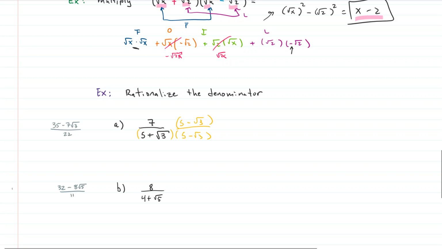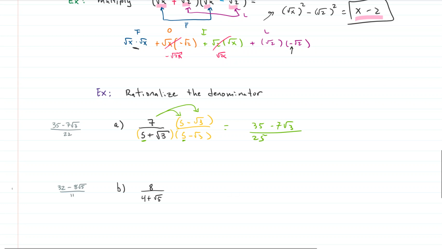In the top we have 7 times 5, which is 35, and then 7 times negative root 3, which is negative 7 root 3. And in the bottom, what do we have? We have 5 and 5, which is 25.